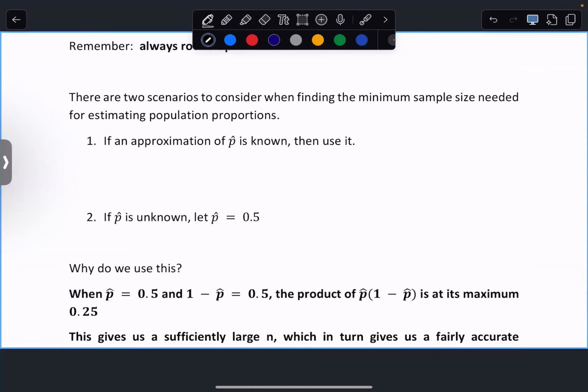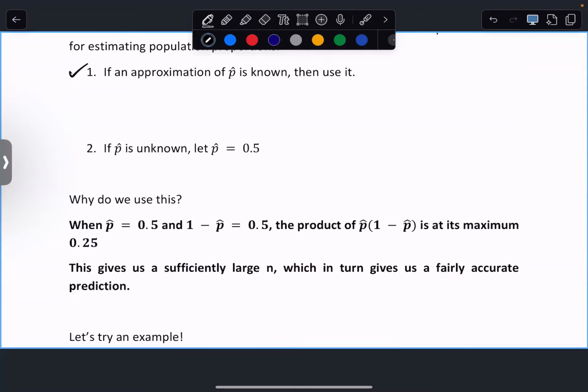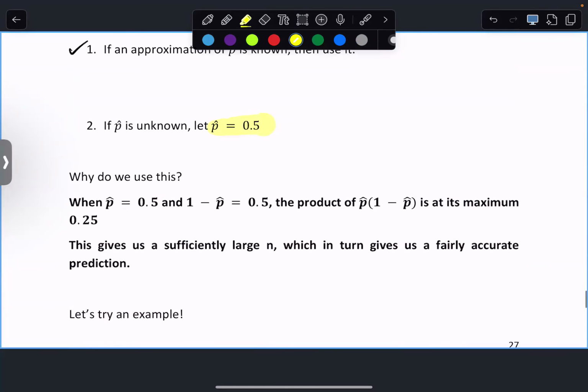There are two scenarios to consider when finding the minimum sample size needed to estimate population proportion. One, if an approximation of p hat is known, then use it. If it is unknown, then take it to be 0.5.